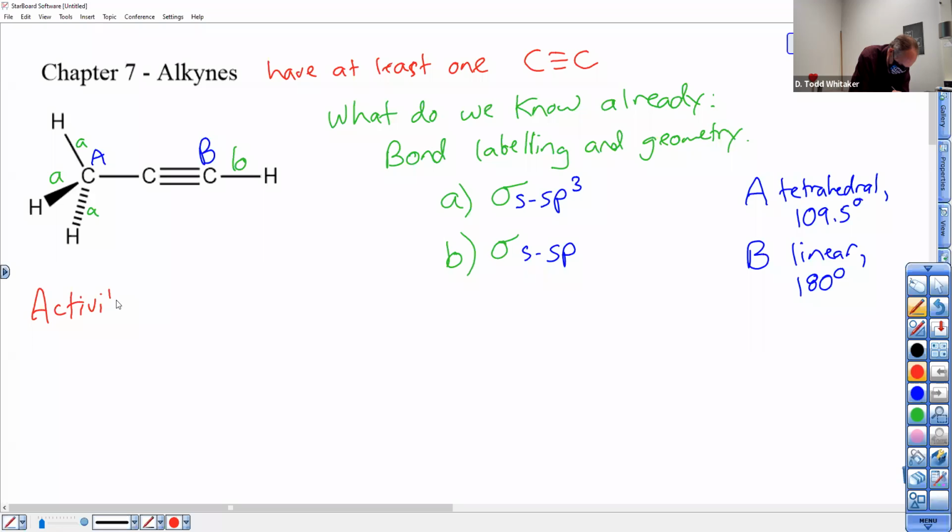All right, and this is going to be your activity. You're just going to copy this. There's a question here. Why is A, quote, unquote, A a weaker bond than B?